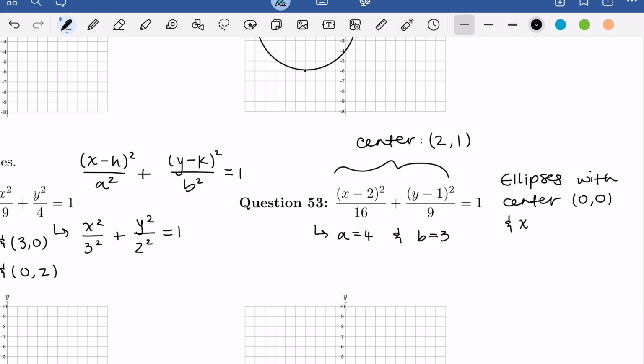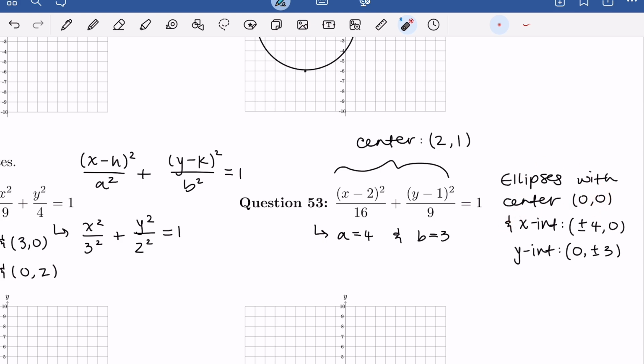So our x-intercepts would be plus or minus 4, 0, and then our y-intercepts are going to be 0, plus or minus 3. Okay, just bear with me. That's how we would find our x and y intercepts given our a and b values if this was an ellipse centered at the origin.